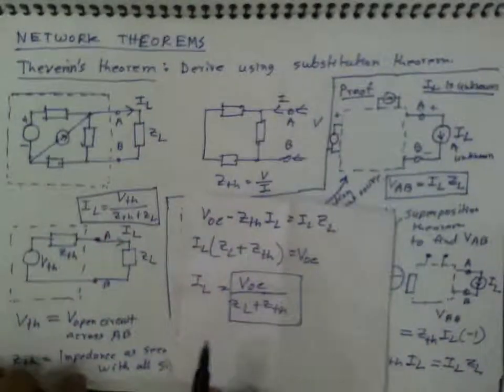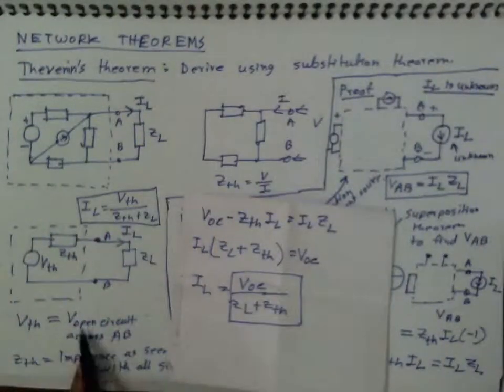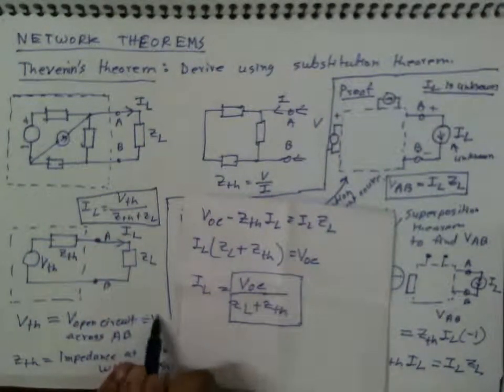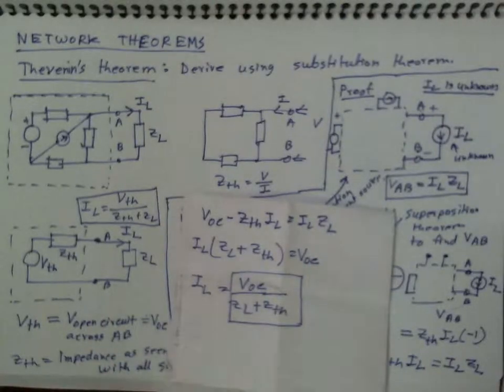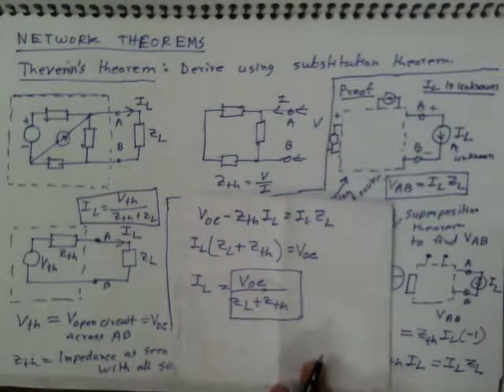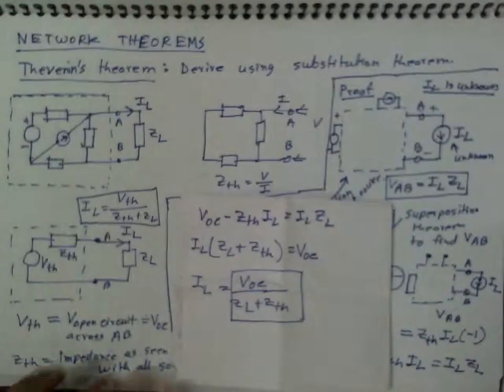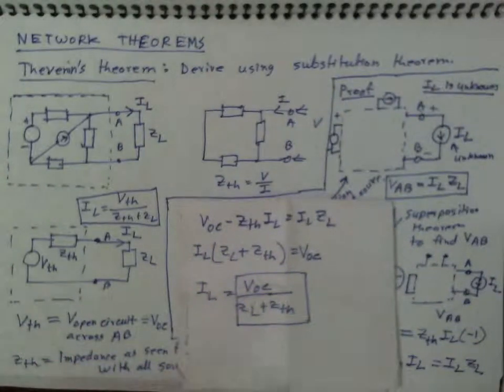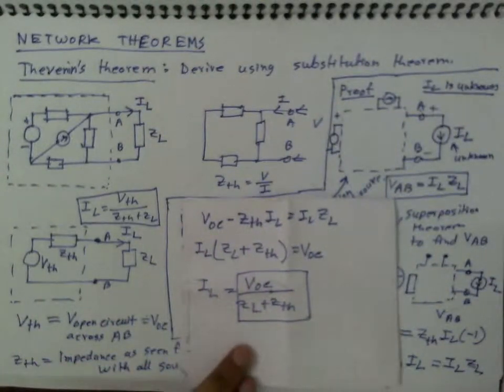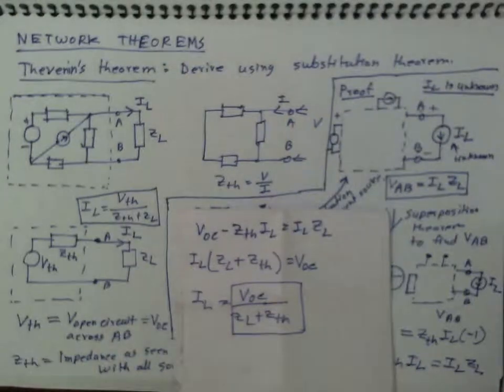That's Thevenin's theorem, and VTH is nothing but the open circuit voltage, VOC. OC for open circuit. So that's what we have proved. And this we have done using the substitution theorem. Okay? Cool.